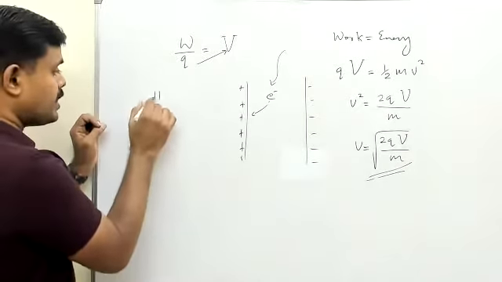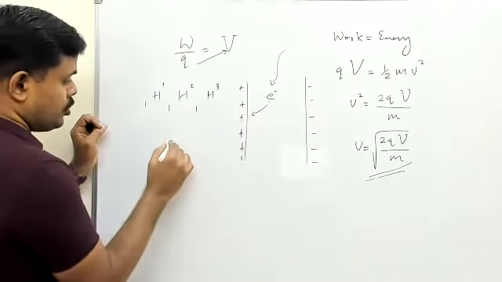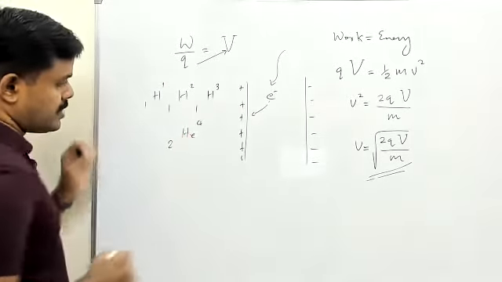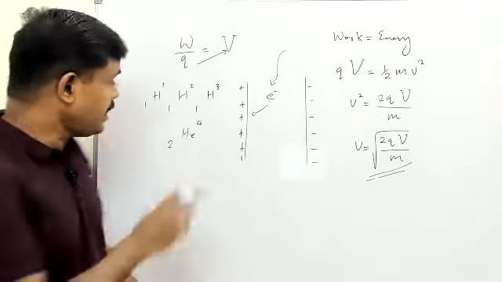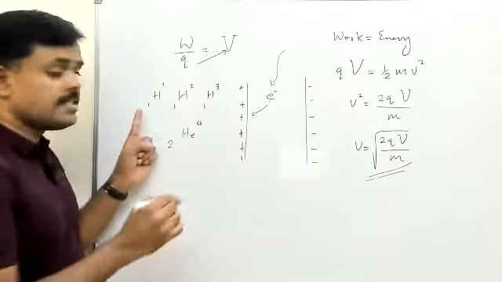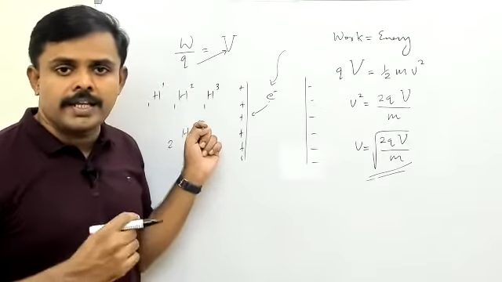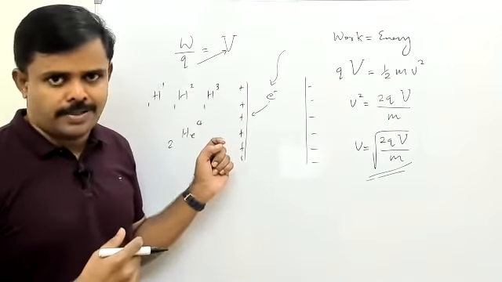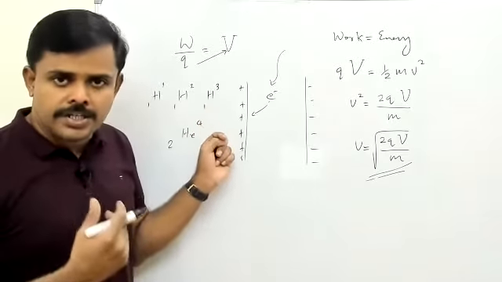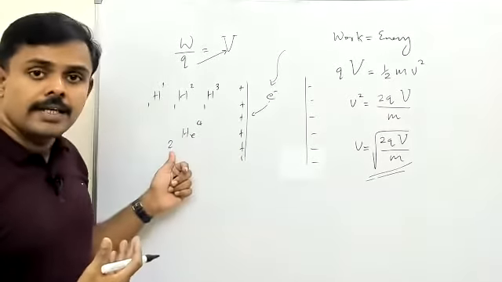1H1, 1H2, 1H3, 2He4. What are these actually? 1H1 is hydrogen. 1H2 is deuterium, a hydrogen isotope. 1H3 is tritium, hydrogen's another isotope. And this is helium.